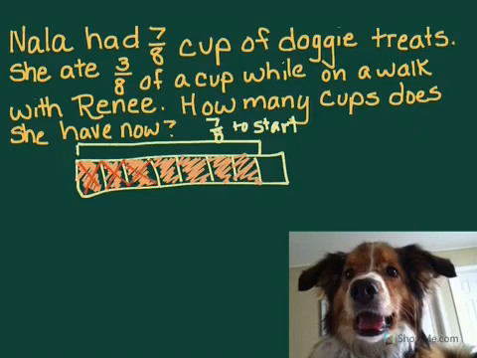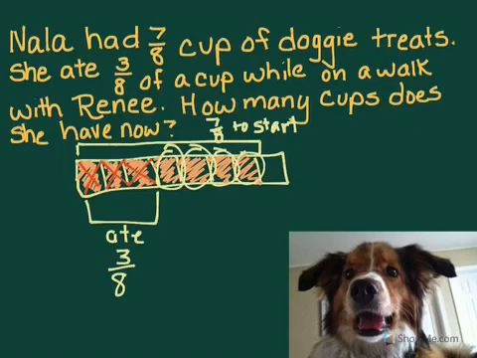So that's going to represent how much she ate. So how much is left? Well, I can see 1, 2, 3, 4. So we have 4/8 of a cup left.